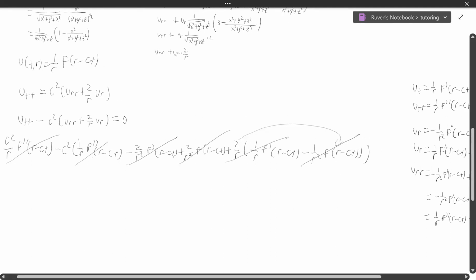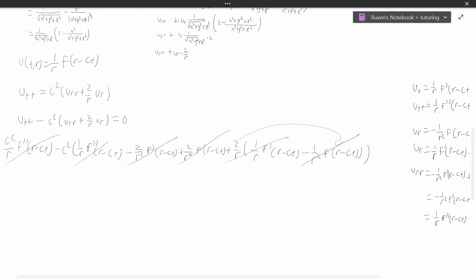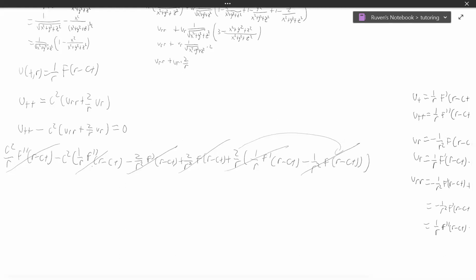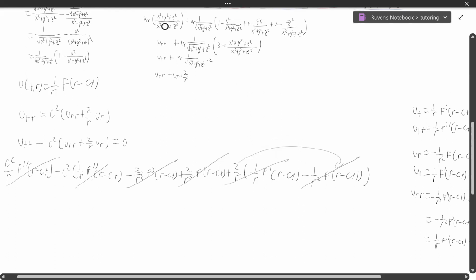So it's going to be equal to 0. And therefore, we actually showed what we wanted to show. The second part, that it is a solution. We showed that it's a solution because we showed that u_tt is equal to this. So cool. Cheer for question 7 coming soon. Hopefully it doesn't take me too long.